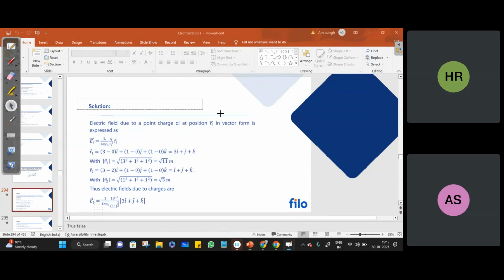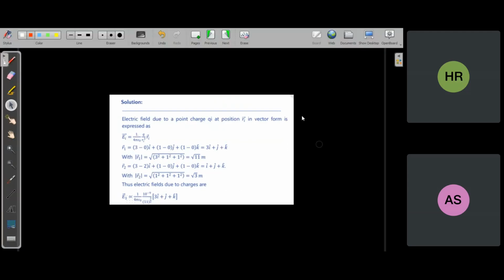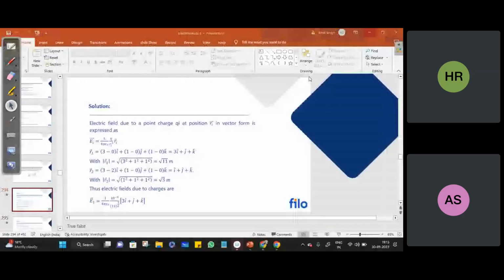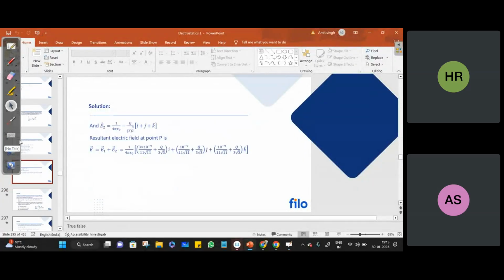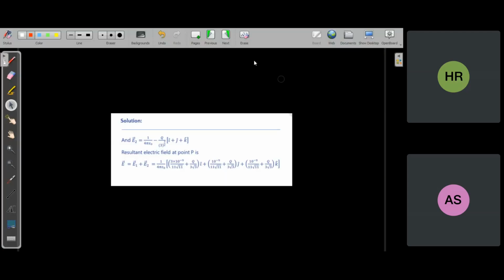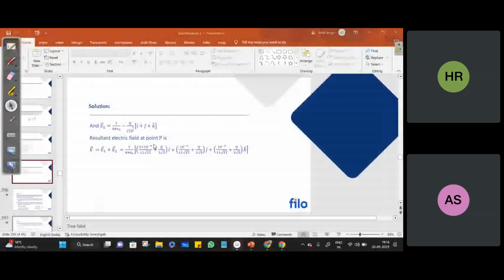See, here they have also used vector form and calculated the E1 vector, E2 vector, and then they add their x component and equate it to 0. Or you can just add both and find the resultant vector, and in the resultant vector make the x component 0. Are you getting?